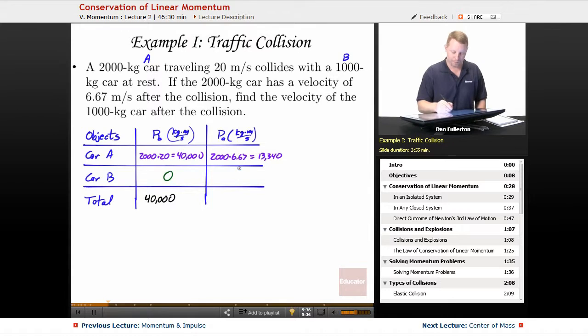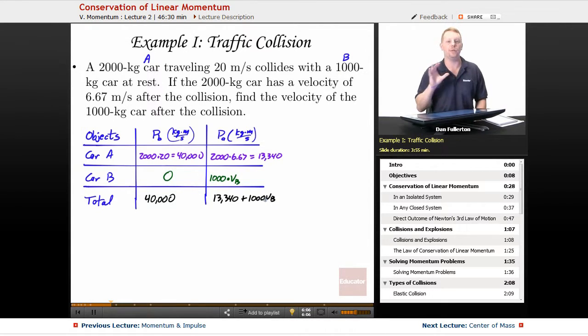The momentum of car B after the collision, well, its mass is still 1,000, but we don't know its velocity, so I'll put a variable in there, VB, for its velocity. So its momentum after is just 1,000 VB. If I find the total by adding those up, I come up with 13,340 plus 1,000 VB.